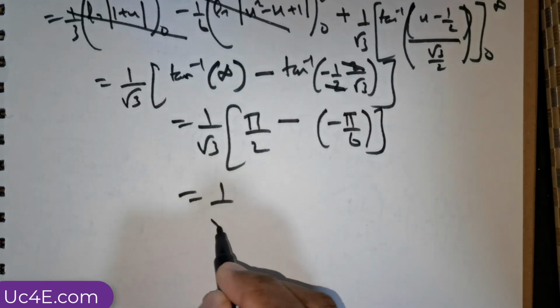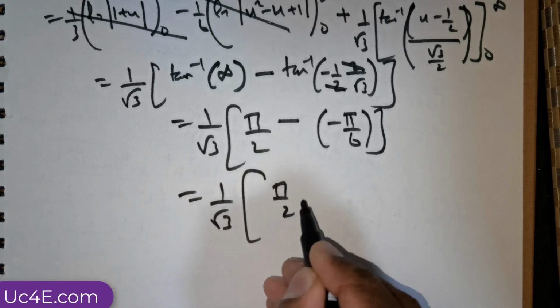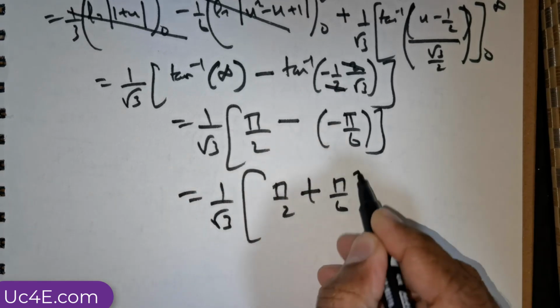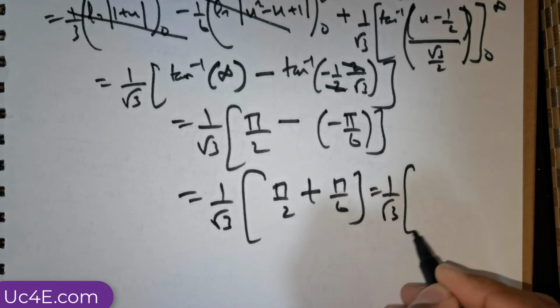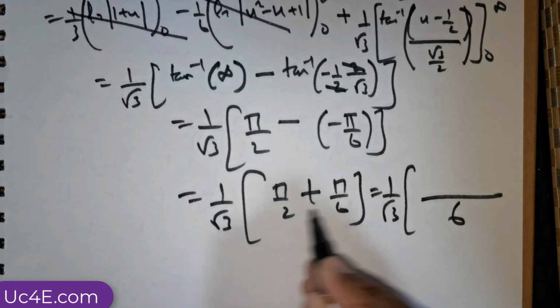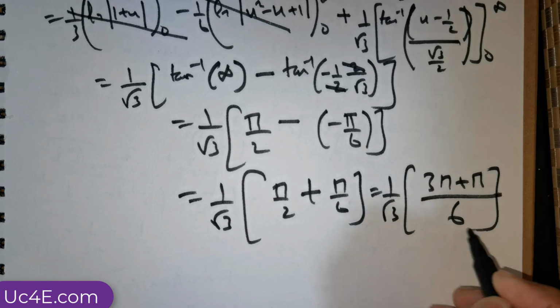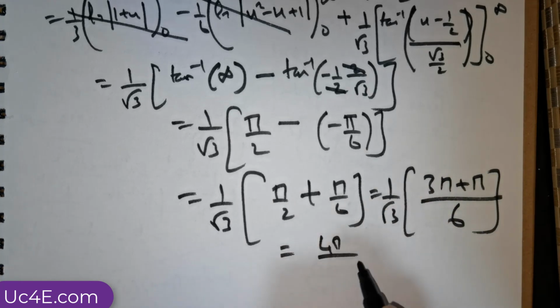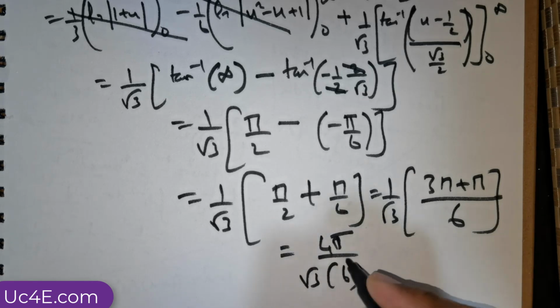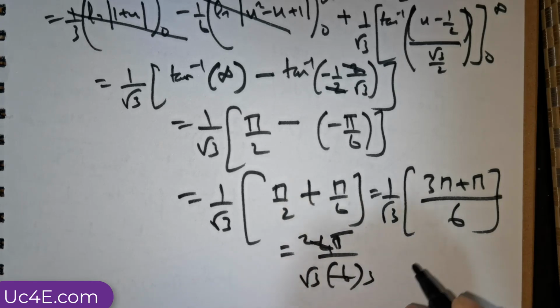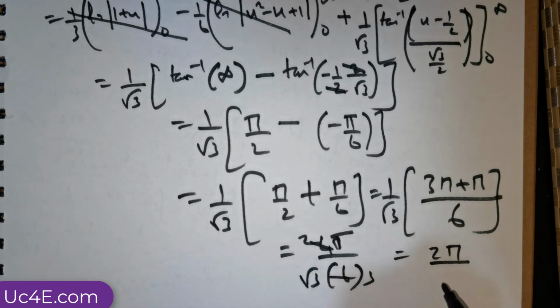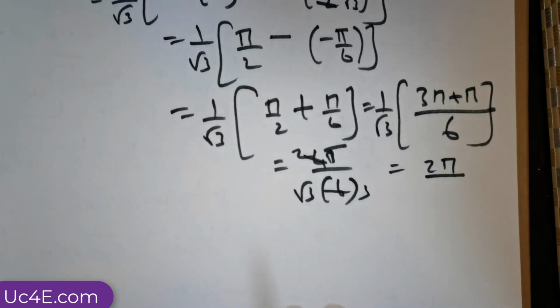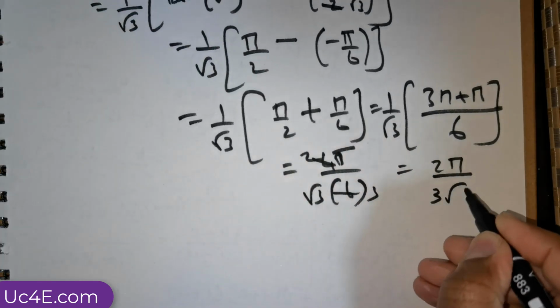Now this is equal to 1 over √3 times (pi over 2 + pi over 6). Take the LCM as 6. This is (3 pi + pi) over 6, which is 4 pi over 6 times √3. Now 2 divides here 2 times and there 3 times, which gives 2 pi over 3 times √3.